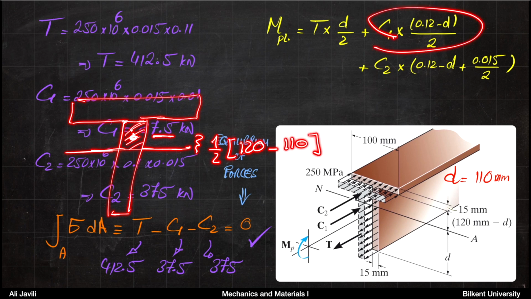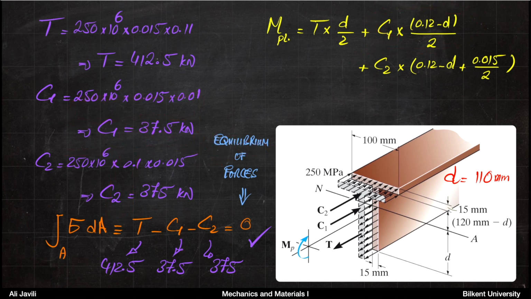So this is what you see. And then c is the force you multiply. Then you do a similar thing for the larger part, but now you also add half of its own thickness. Okay, so you do this, and then you get the maximum plastic moment equals 29.4 kilonewton meters.